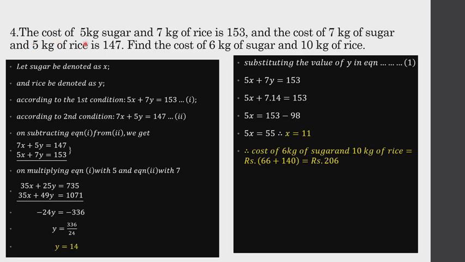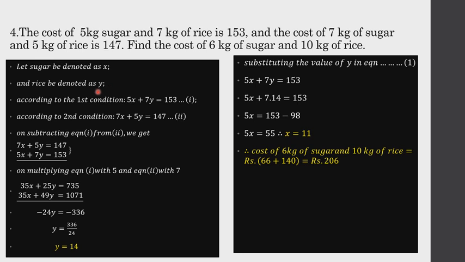In the next question, the cost of 5 kgs of sugar and 7 kgs of rice is 153, and the cost of 7 kgs of sugar and 5 kgs of rice is 147. Find the cost of 6 kgs of sugar and 10 kgs of rice. Instead of sugar we can use the variable x, and for rice we can use y.